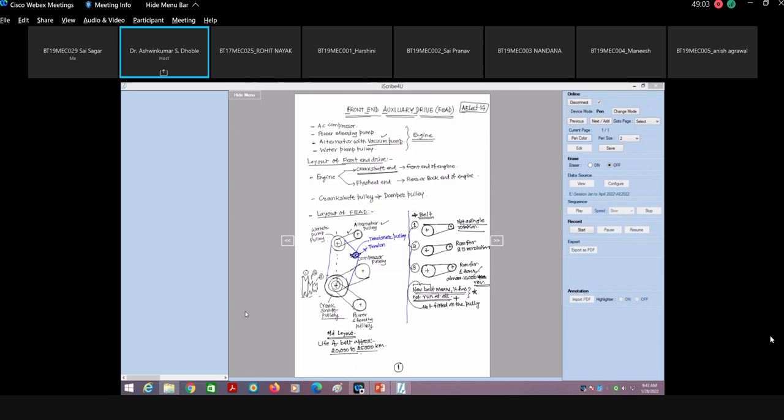Now, second, how do you identify belt slip? Sorry, belt is slipping. Sorry. How will you identify belt slip?